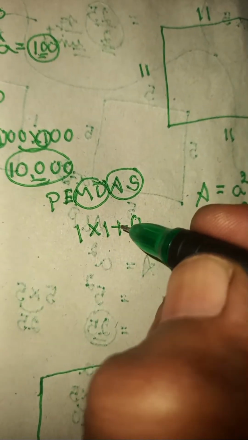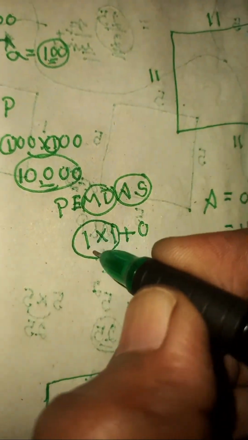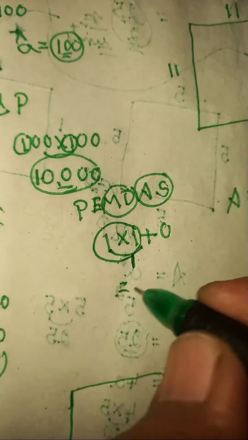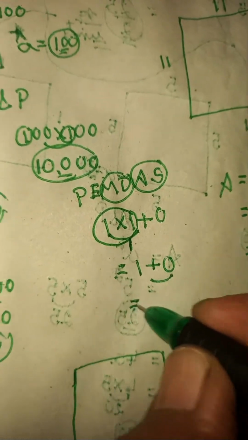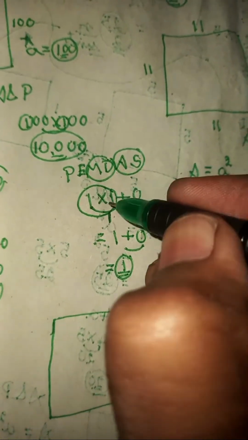So here you must do this one first, that is this part. 1 times 1 remains as 1. So in the next step it is 1 plus 0. 1 plus 0 becomes 1. Some do it wrong by doing this plus first, and then it goes to a different value.